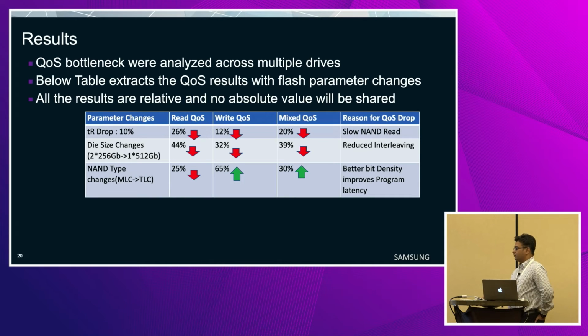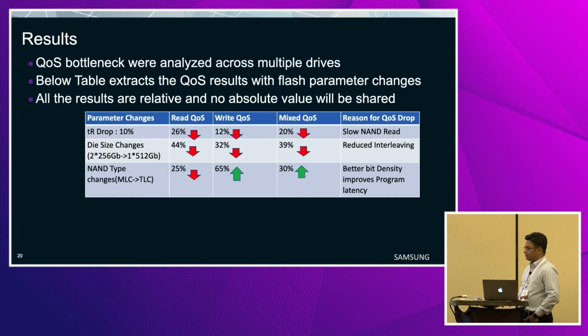NAND type, if you change it from MLC to TLC, from 2-bit to 3-bit, your read QoS dropped, but the change is in the write and the mixed QoS. The reason is bit density improves the program latency. So bit density here was 2-bit, and here it is 3 bits.